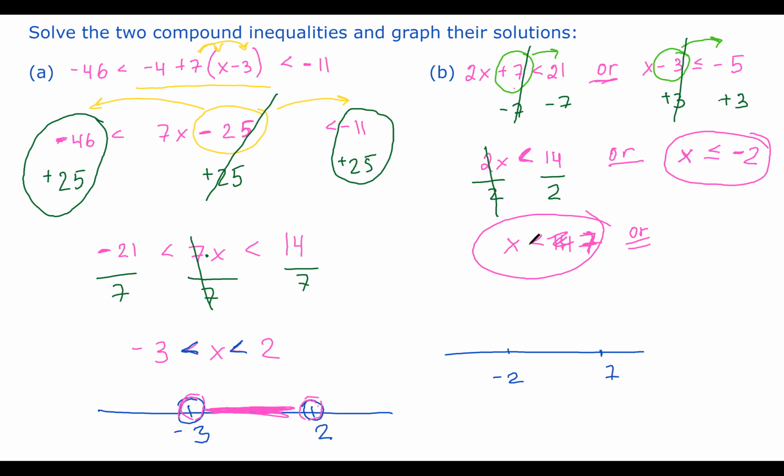Now the first one tells me that it's not the 7 and it's everything to the left. The second one tells me that x is less than or equal to -2. It's from here to the left, right? So the intervals are overlapping. You notice that they overlap. So this interval overlaps with this interval, right?